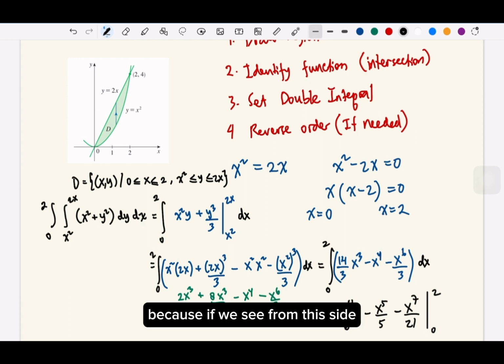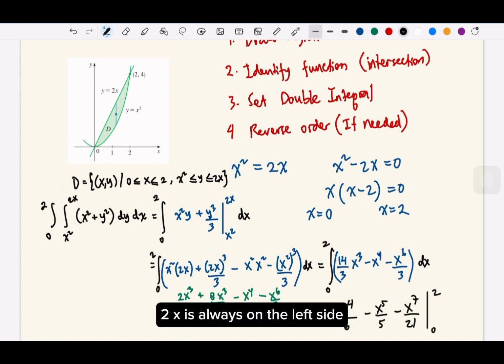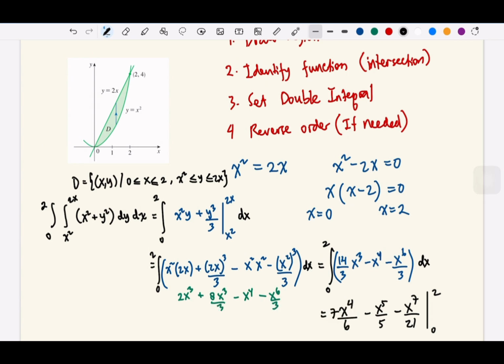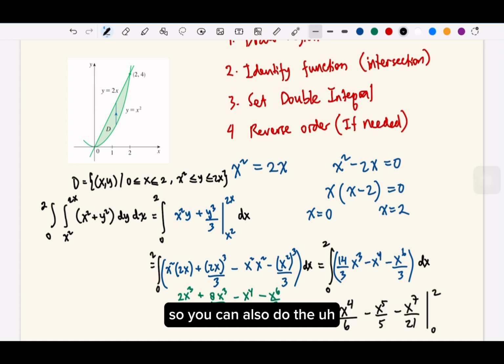Because if we see from this side, the x squared here is always on the right side, and the 2x is always on the left side. It means if you rotate this, the x squared is always on the top and 2x is on the bottom if we rotate the picture, right? So you can also do dx dy. But to write dx dy, we are going to change the endpoints and change the functions.